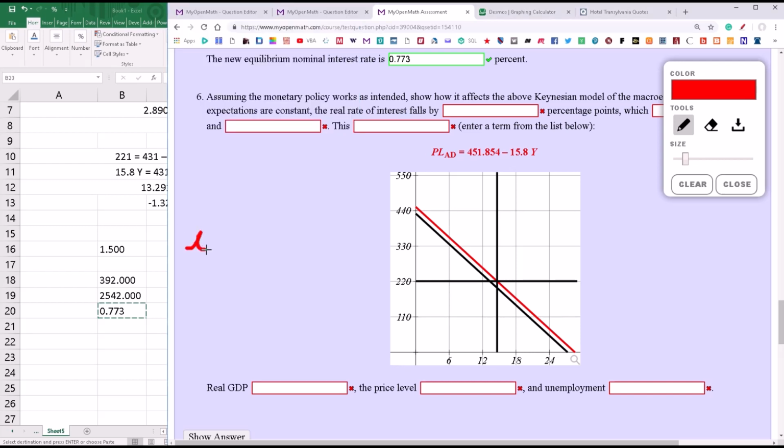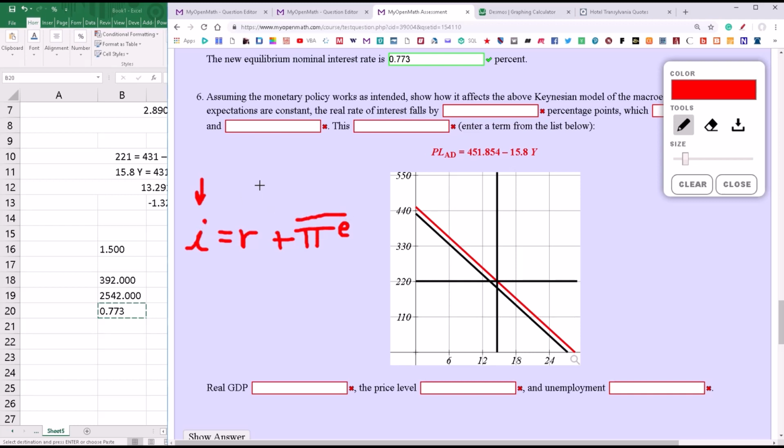Remember, the nominal rate of interest, which fell to 0.773, equals the real rate of interest plus expected inflation.